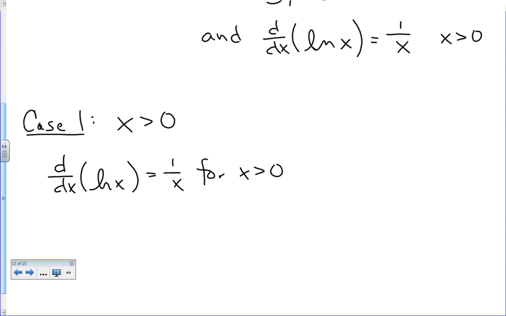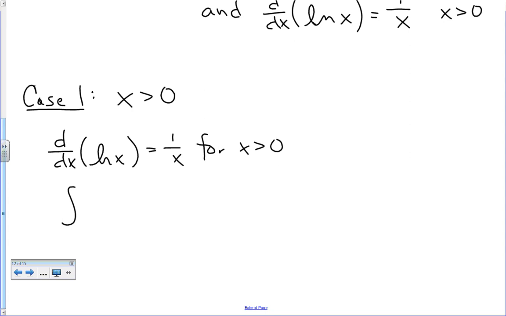And if I know that's the case, I can state that the indefinite integral, or antiderivative, of 1 over x dx is equal to ln of x plus c for x greater than 0.